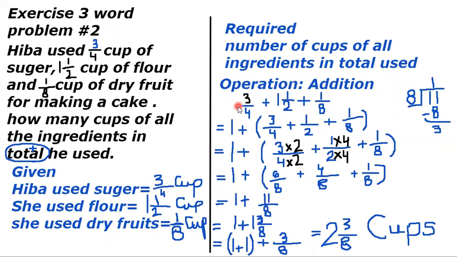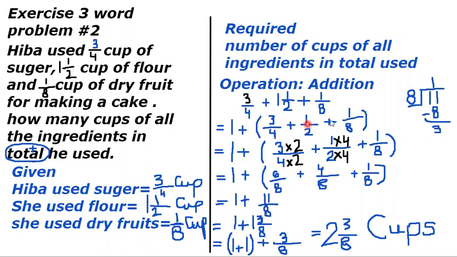It doesn't have any whole part. 1 upon 8 is a fractional part. 1 is a whole part. We will write the whole part separately. One whole means 1 full cup. This whole number part we will write separately, and we will write all the fractional parts inside the parentheses and we will add all the fractional parts.